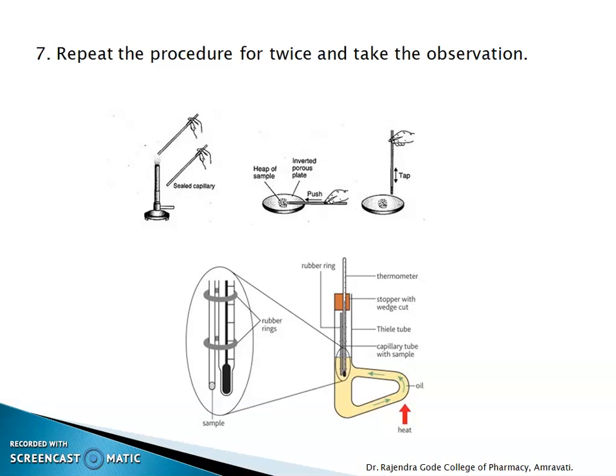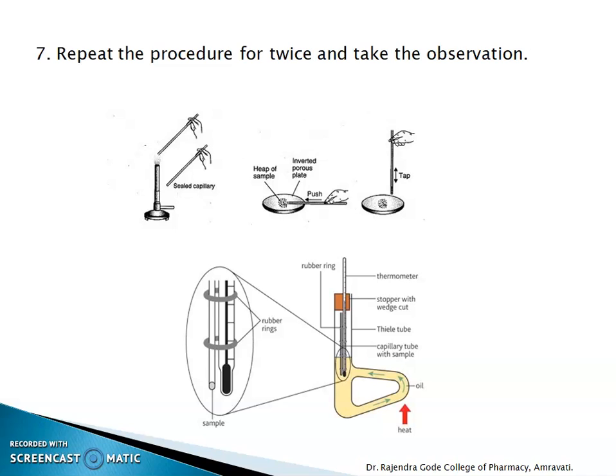Repeat the process: seal the capillary with the help of a burner, fill the sample in the capillary tube and tap the capillary as shown in the figure, so that the sample enters the capillary tube.